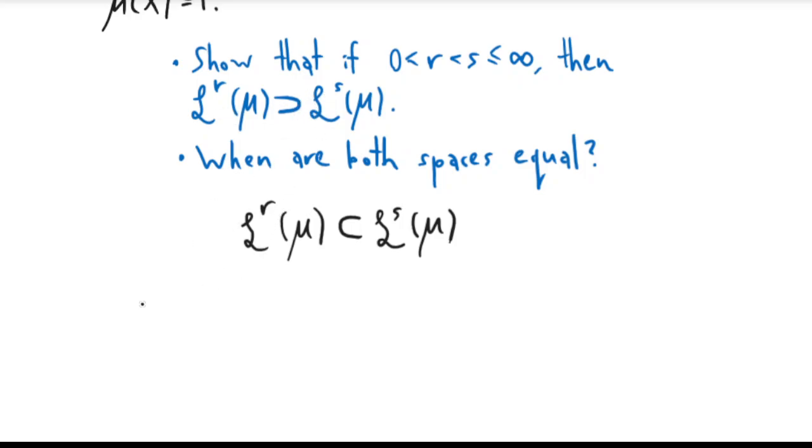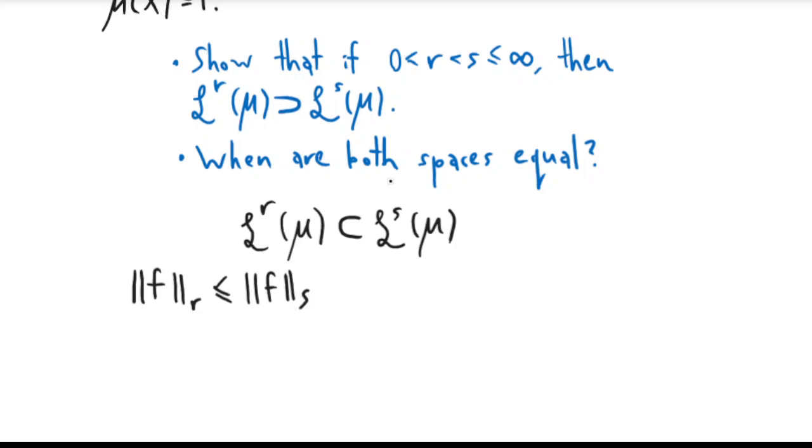So this first containment is actually immediate from something that I proved in the last video, which is that if you have a measurable function f, its r norm is less than or equal to its s norm whenever r is less than s. Again, this was proven in the last video that I'll give a link to.